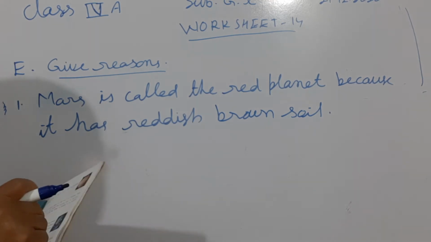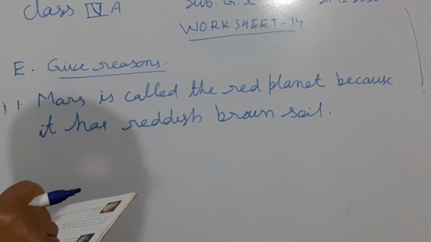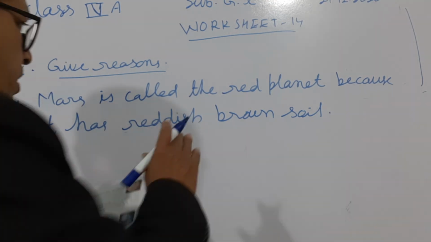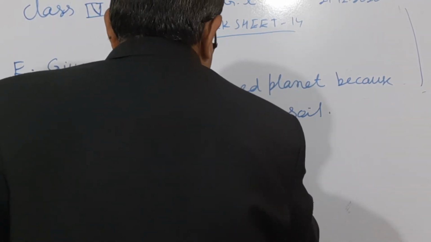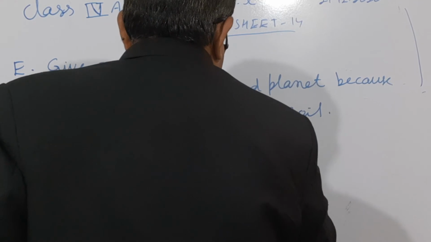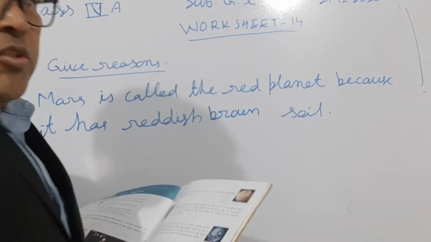Mars is called the red planet because it has reddish brown soil.